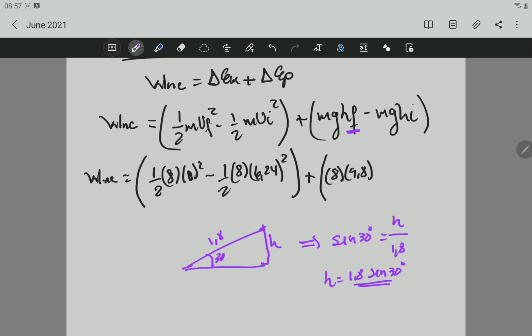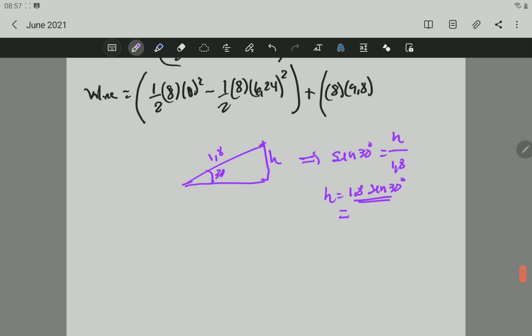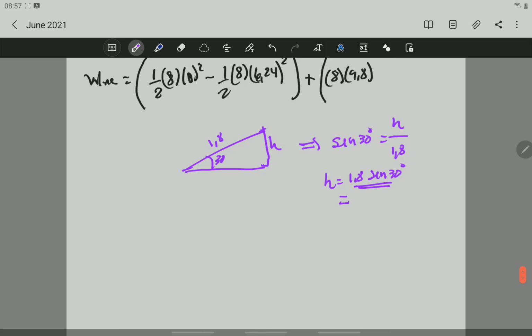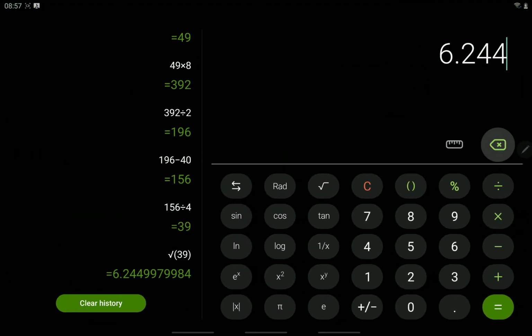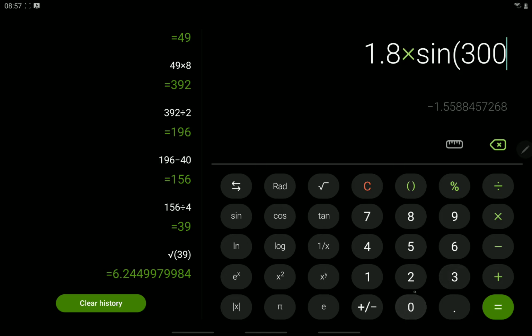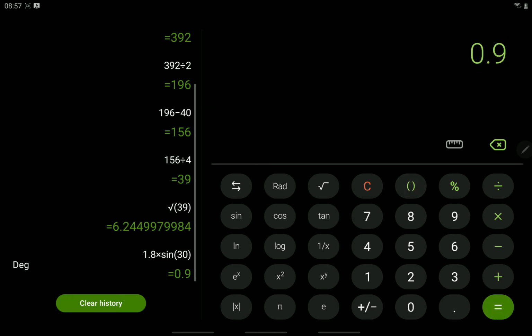That is the height. Let's go to our calculator. It's 1.8 sine 30 degrees, sorry, 30 degrees. This is equal to 0.9.